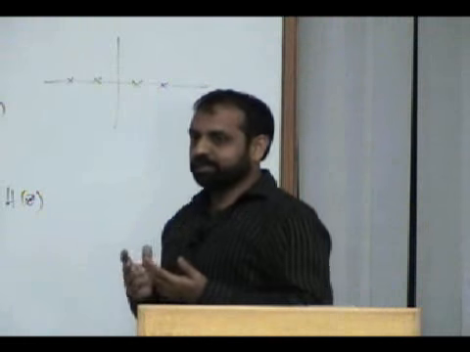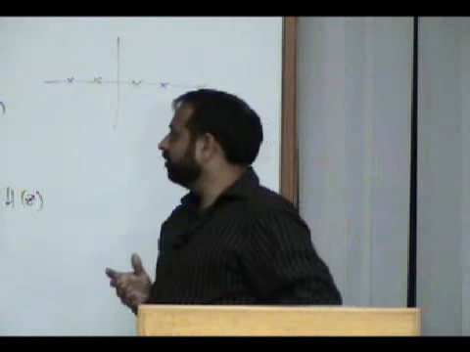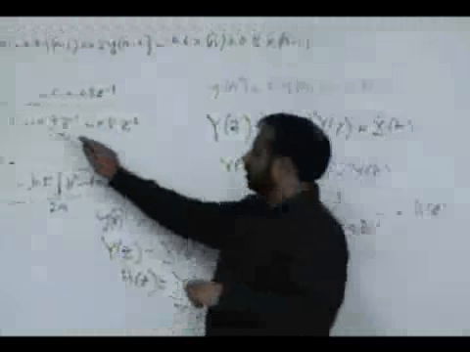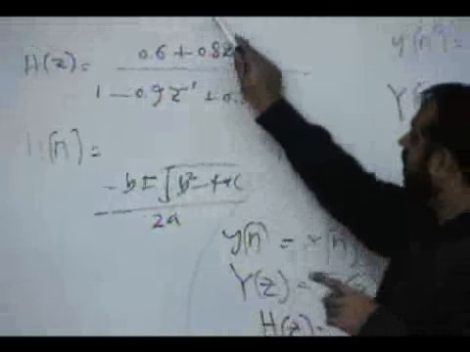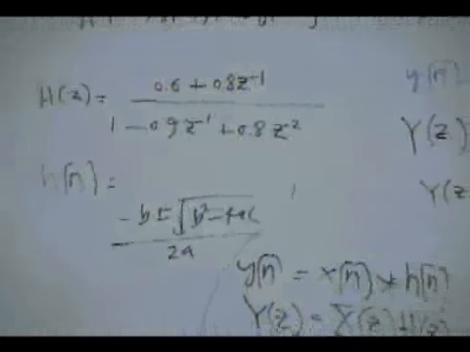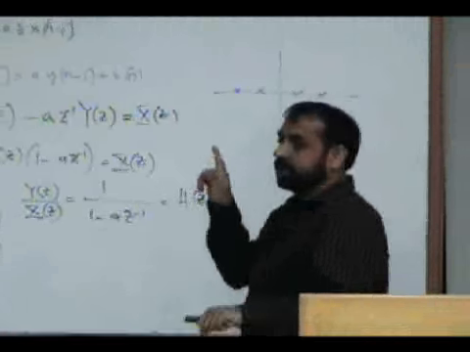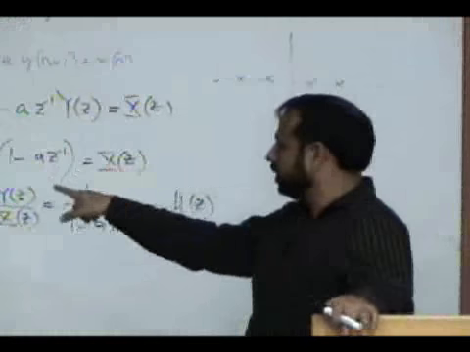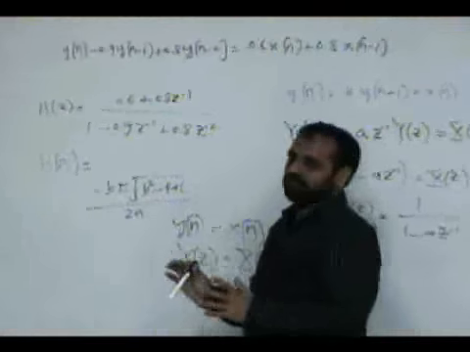If they are not real, and if the coefficients of the difference equation are real, at least it guarantees you one thing: that poles will be either real or conjugate of each other.